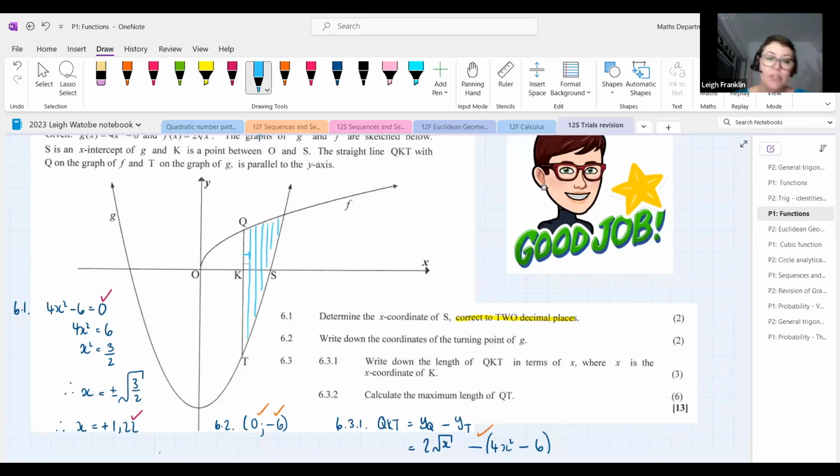Does that make sense to you? As it moves towards this point of intersection, QKT would start to become shorter.